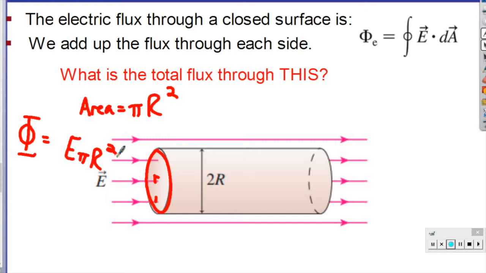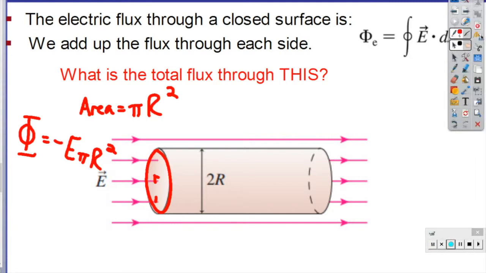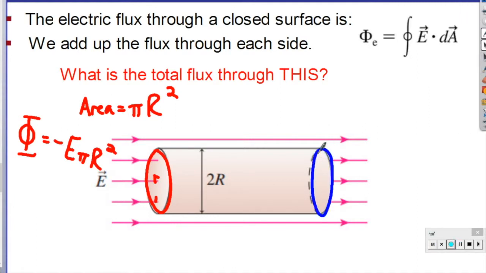And in this case, is it going to be positive or negative? It is going to be negative because the flux is going in. Let's come to our other little end cap at the other end. Same deal. The area is still pi r squared, so our flux here is going to be positive E pi r squared. So far, so good.